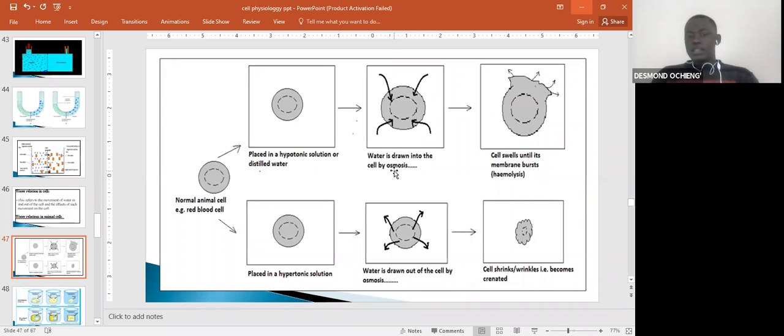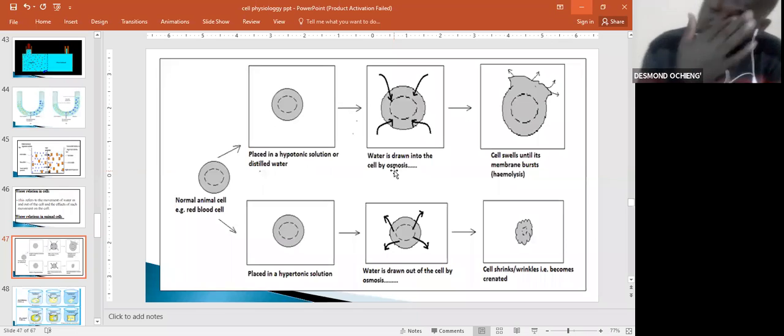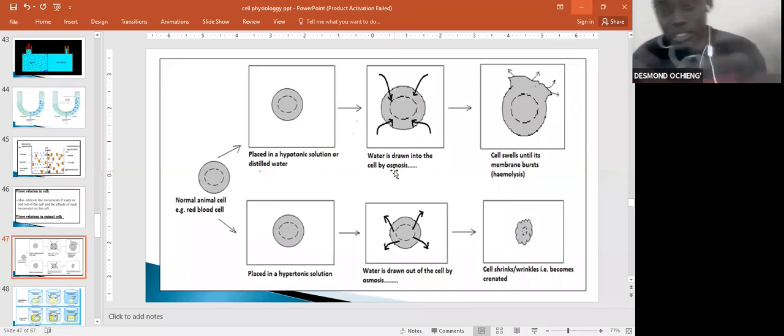Because the animal cell contains certain solutes, we say that it is highly concentrated. The cytoplasm of the animal cell contains very many solutes.